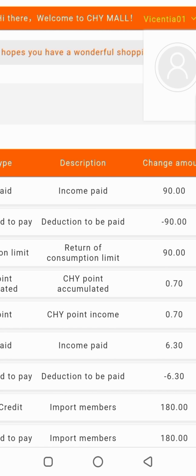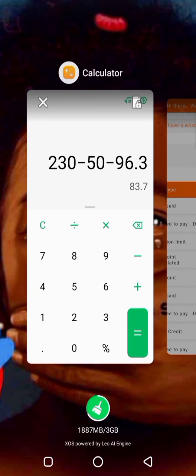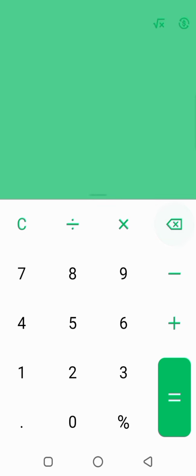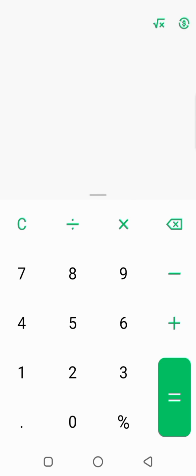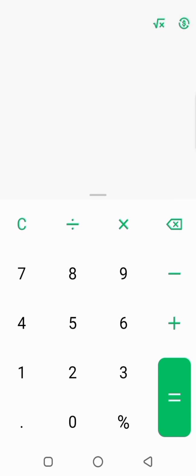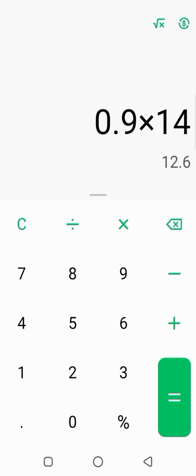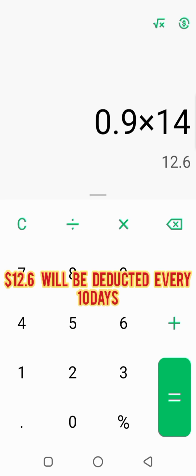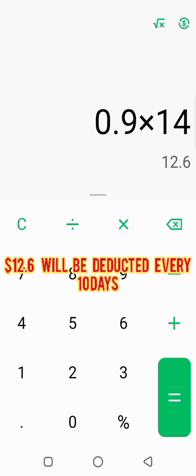But you should know that when the $14 hits the account, the company is going to take 90% of it and give you 10%. So 10% is 0.1 times 14, which is 1.4. That 1.4 is going to be taken out from your account, and the company is going to take 0.9, which is the 90%, times the 14. They are going to be taking 12.6.